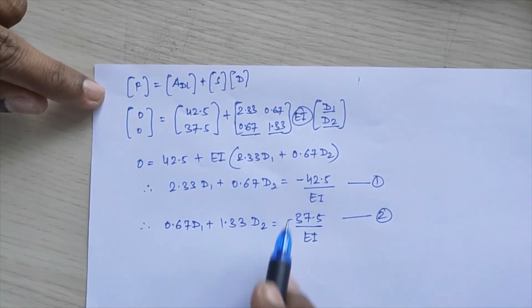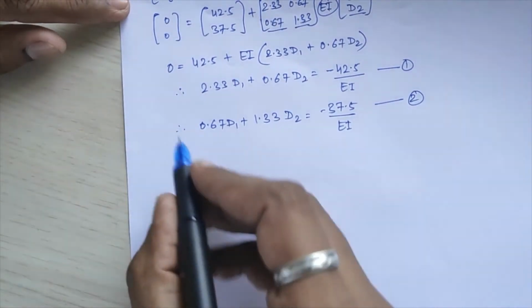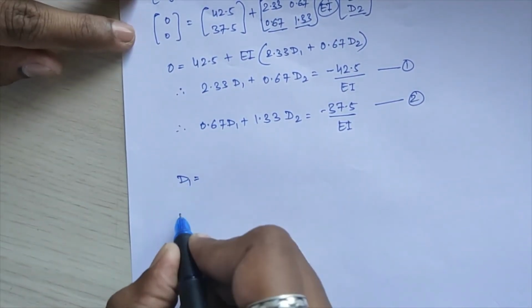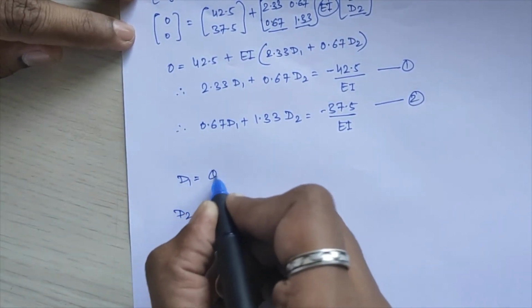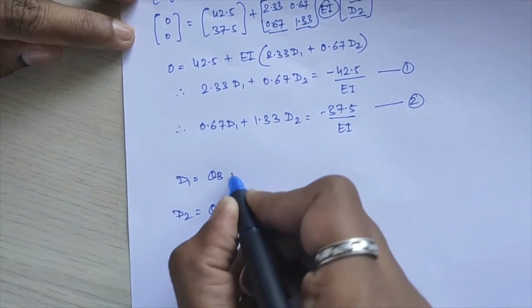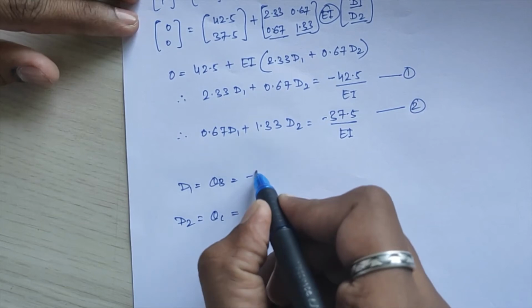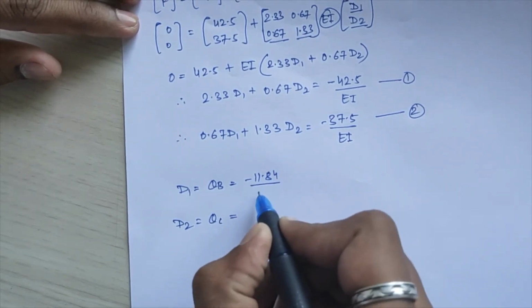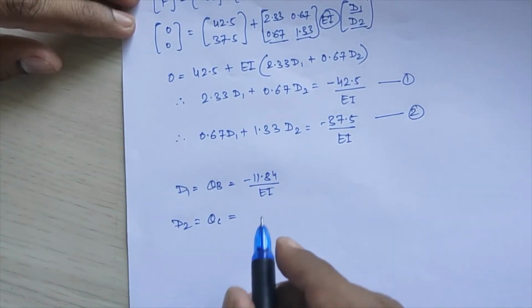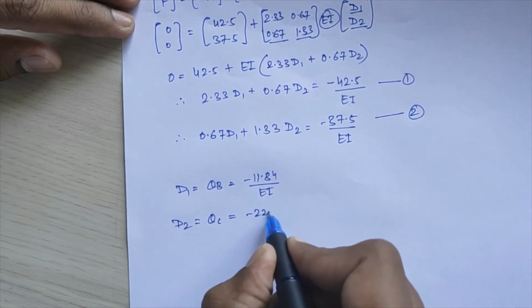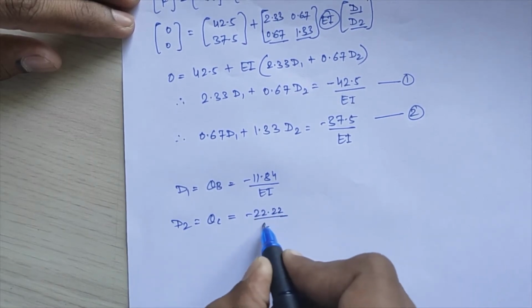Okay, if you solve these 1 and 2 for the values of D1 and D2, D1 is nothing but your value of theta B, D2 is nothing but your value of theta C. I have got D1 is equal to minus 11.84 divided by EI, and D2 as minus 22.22 divided by EI.